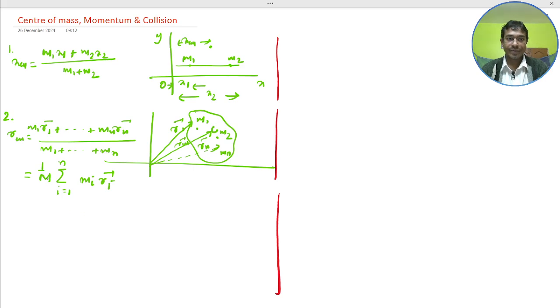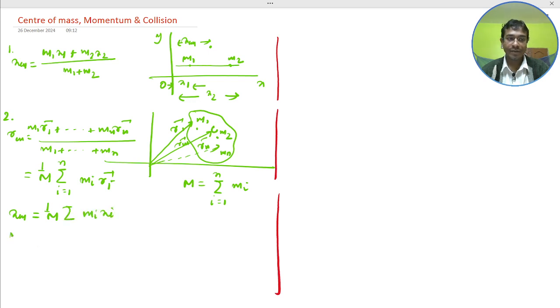Here M means the sum over i from 1 to n of mi, where mi is the mass of the ith particle.